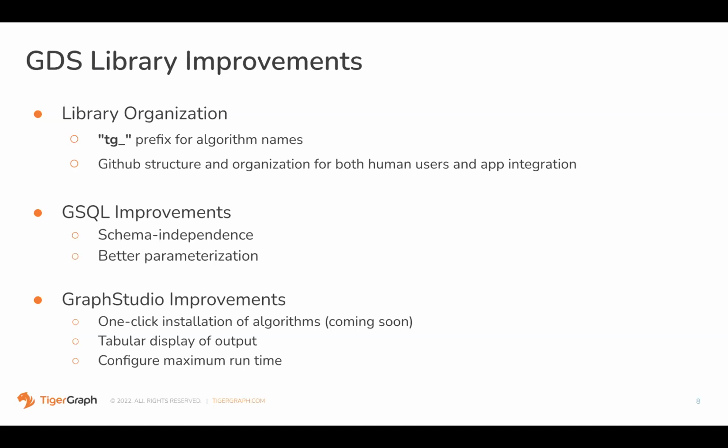There have been improvements in the GSQL language, which would help you if you were writing a query or algorithm, and it helps us likewise. One is we made it so that now all of the algorithms are schema independent, meaning that you don't have to install them to the particular vertex types, edge types and attributes in your particular schema.